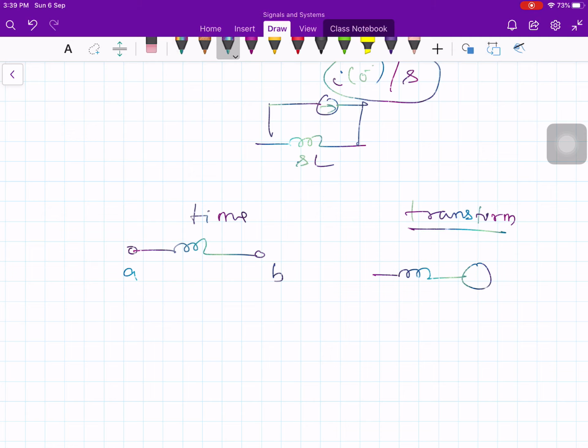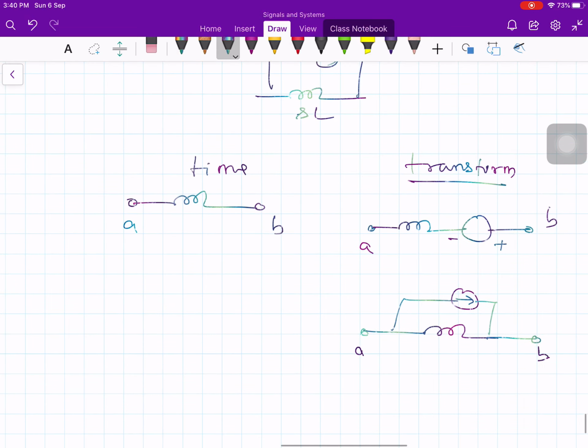Again, this is A and B, but in between you have a voltage source like this, and like this, this also A and this also B. So we should not think that the terminals of the inductance in the transform diagram are these two. Don't think like this. The actual terminal is this one and this one in the transform domain. Here also the actual terminals are these two. Don't take this and that, this is wrong.